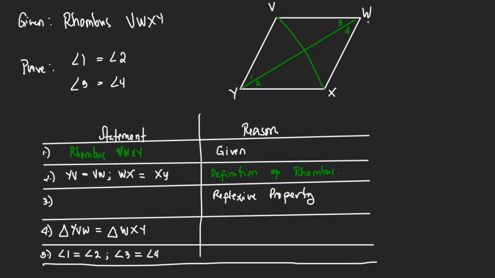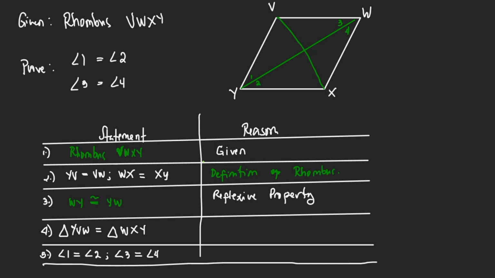Line WY is congruent to line YW. That is what we will use so that these two angles are congruent. Now, how about statement number 4?